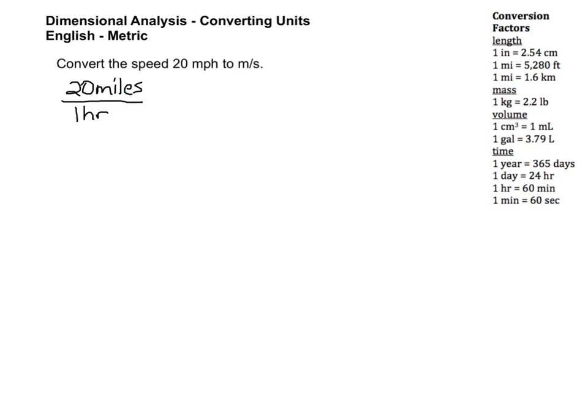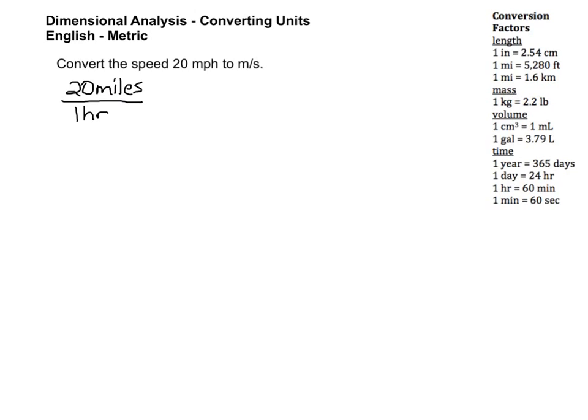So in order to cancel miles, we have to look at the conversion factors in length. The two that have miles in them are one for miles to feet and one for miles to kilometers. So we don't have a conversion factor that takes us directly from miles to meters, but we have one that takes us from miles to kilometers, and from kilometers we can get to meters.